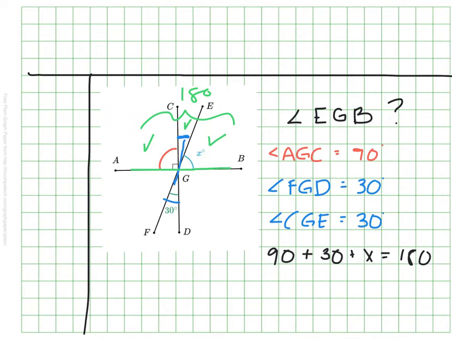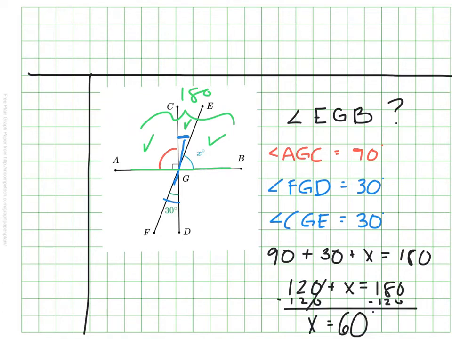If we combine what we know, the two parts we already know are 120, and the part that's missing we can solve for. We find that our missing value is 60 degrees. So we solved based on what we knew, and we were able to find that our missing value is 60 degrees.